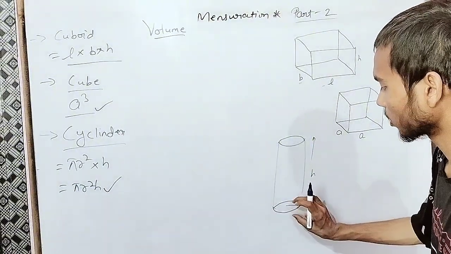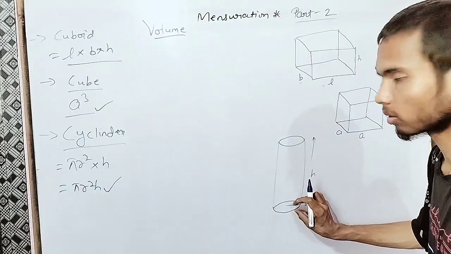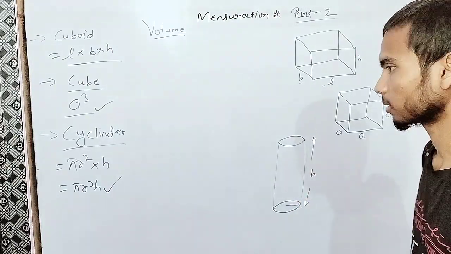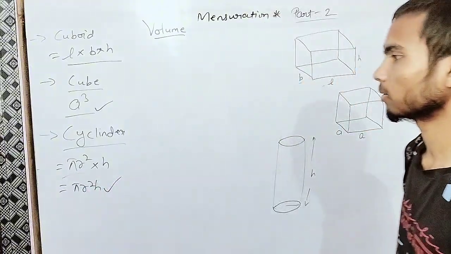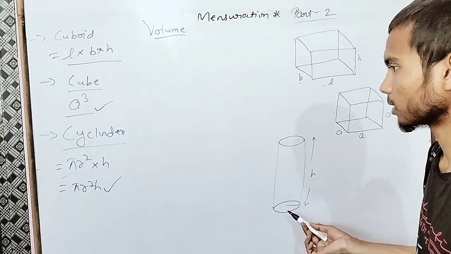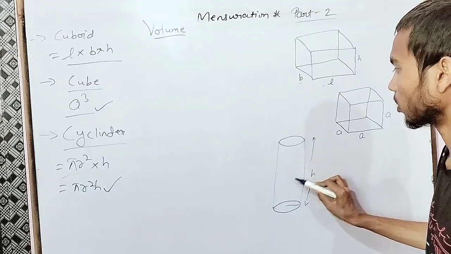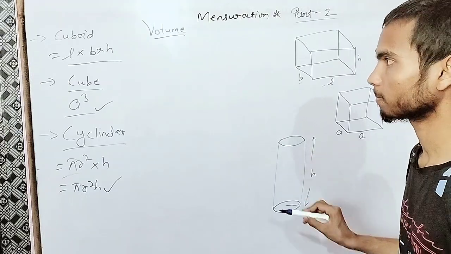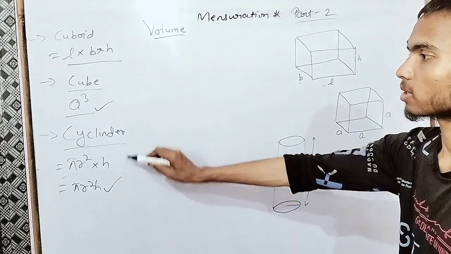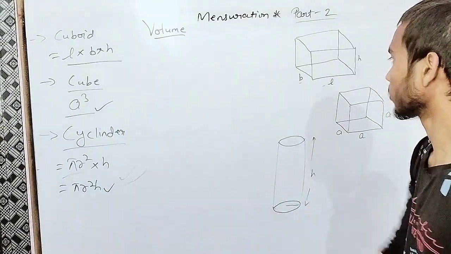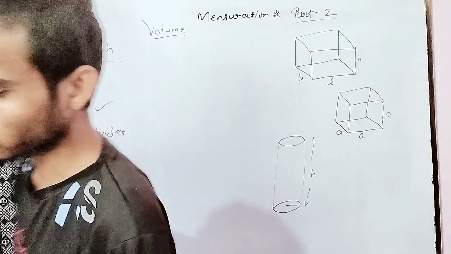So we will take the area of one circle and one height: this is pi r square, and this is the height. We will get the total volume of this cylinder. We will apply this formula. Let's take questions based on this.